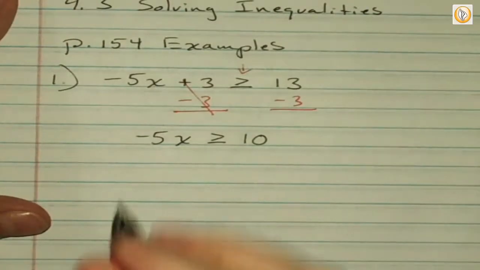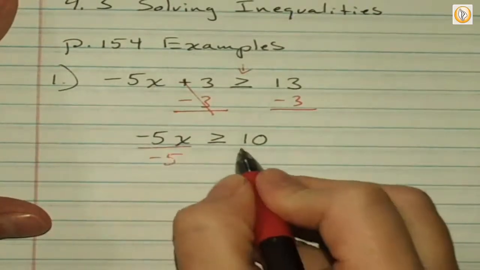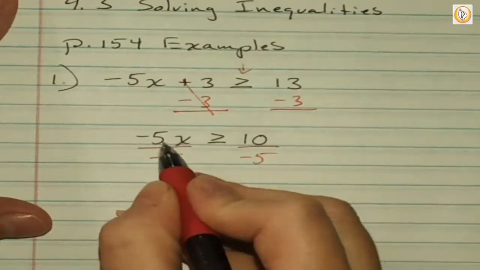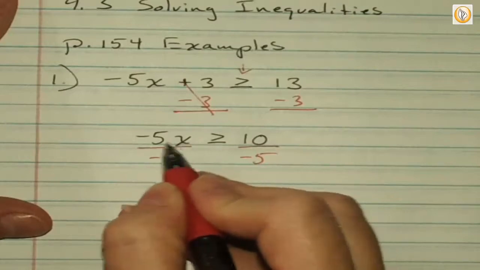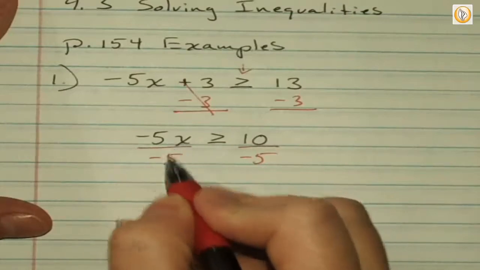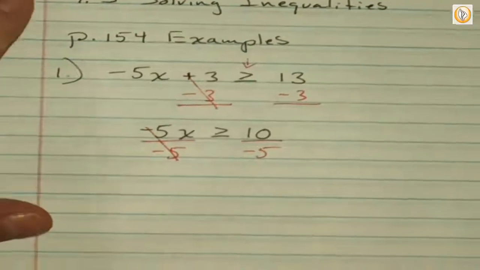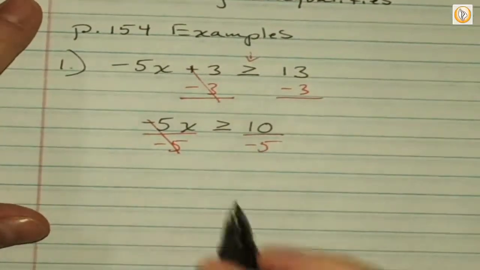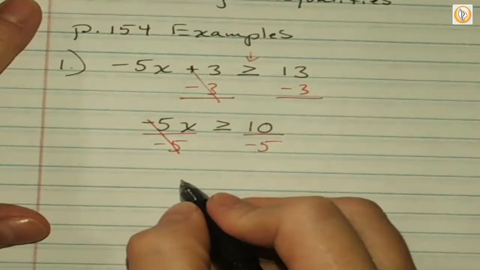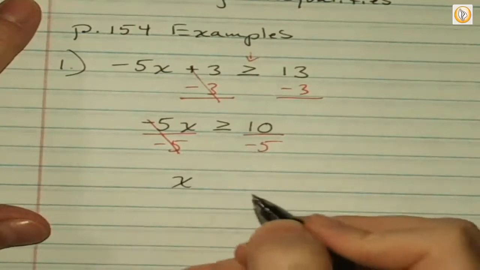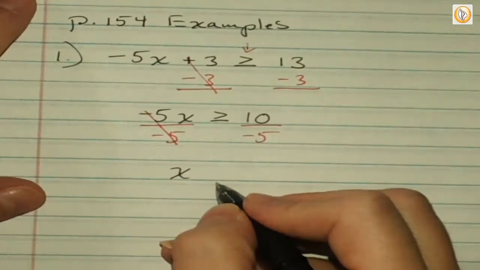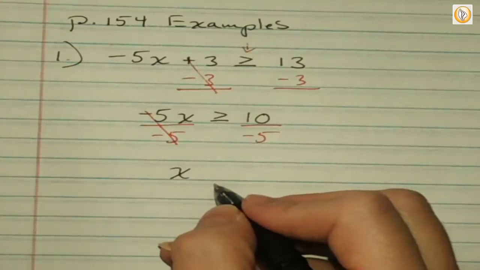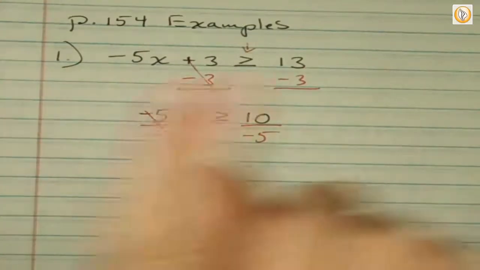All right, Michael, now what do I do? You divide by negative 5 on both sides. Okay, we're dividing by negative 5 on both sides because this negative 5 is being multiplied with the x. Do you see that, Cecilia? So the opposite is dividing. All right, Michael, what do you get? Negative 2. So x is greater than... wait, no, less than. Why? Because you flip the sign. Why?